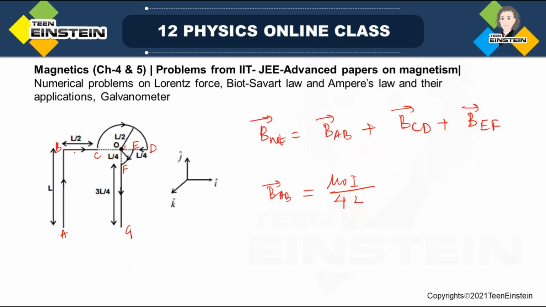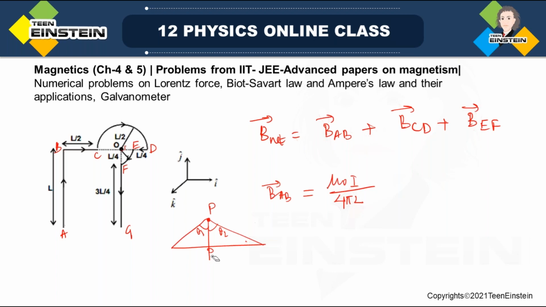So you will get mu by 4 pi L, the distance. You know this thing, I hope. This is the finite wire, right? If you have to calculate the magnetic field over here at P, then you just do this and get these angles theta 1 and theta 2, right?